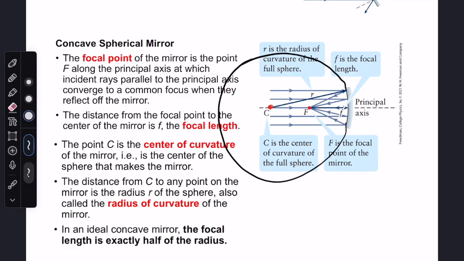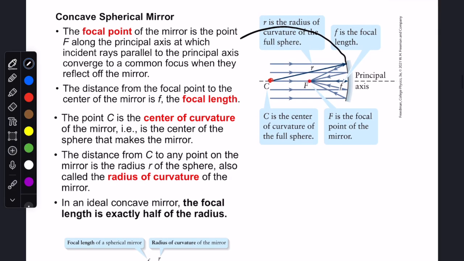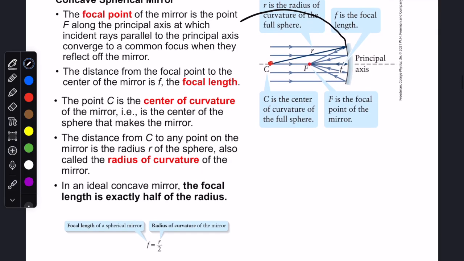There's a relationship between the focal length and the radius of the sphere. The focal length is always half of the radius of curvature, so f equals R over 2. This is true for all spherical mirrors, concave or convex.